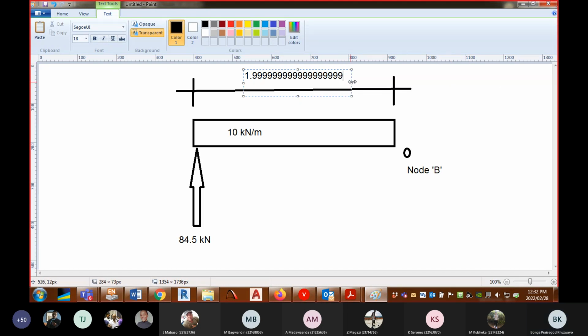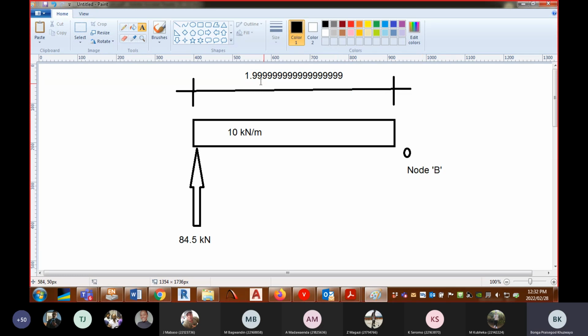Why am I going to write it like this? Because we're just looking just to the left of node B. So that distance there is infinitesimally small. This number is still continuing, so now we can take it as 2 meters.